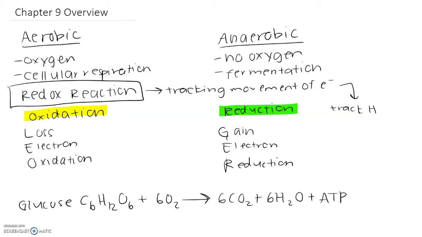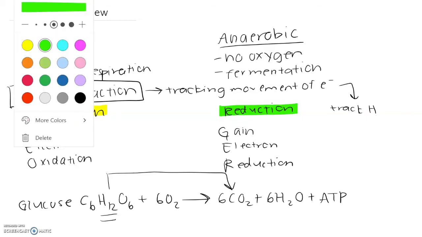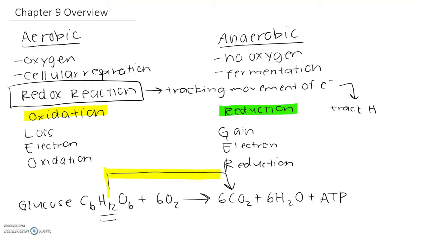So over here you notice that glucose starts with hydrogens, but then it gets converted to CO2, which does not have hydrogens, and so it is losing hydrogen, is losing electrons, and this is an oxidation. So I'm going to highlight that. This process here is an oxidation.